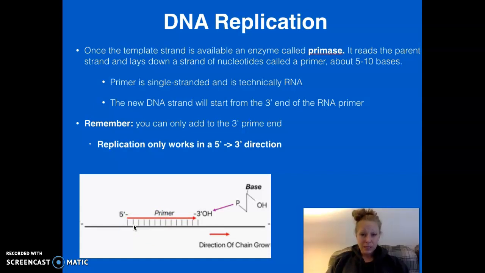Primase is an enzyme that's going to first lay down, in a 5' to 3' direction, always adding on to the 3' end, a primer. It's RNA, and it needs to be there so that other enzymes can grab onto the molecule and start working. Without the primer, other molecules can't attach. So the DNA is split open, and then primer is laid down by primase. Remember that it lays down in a 5' to 3' direction.